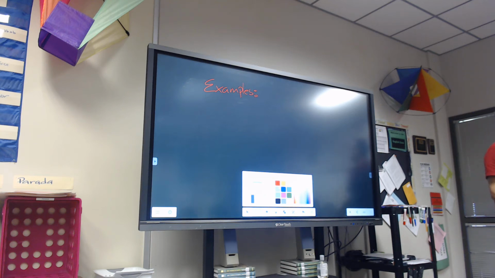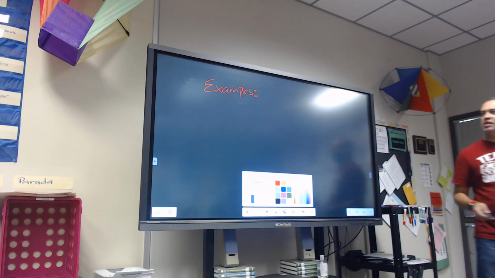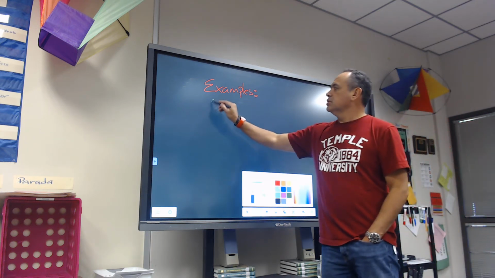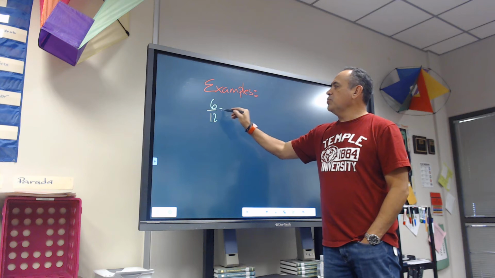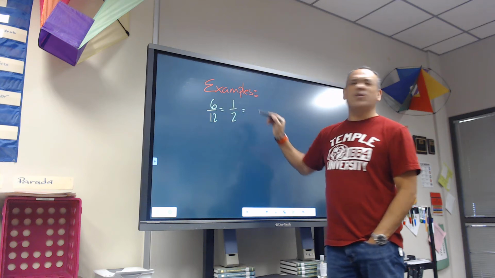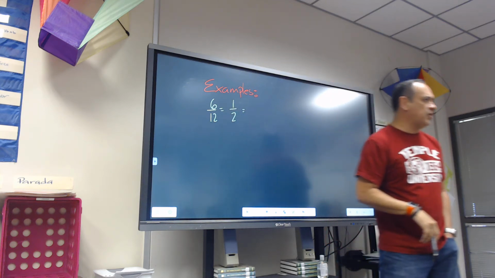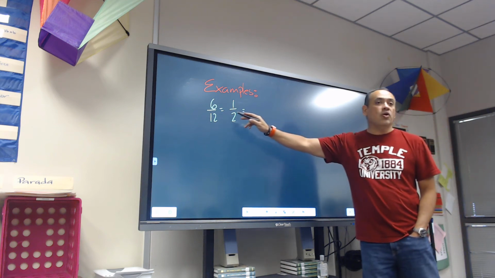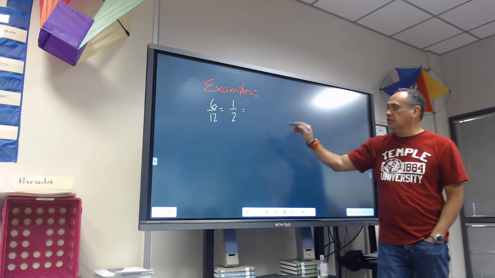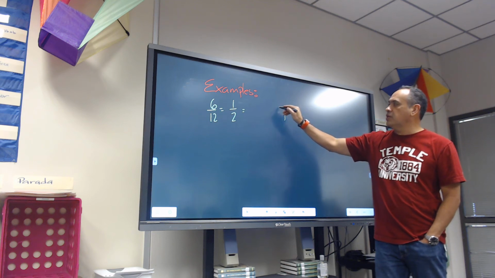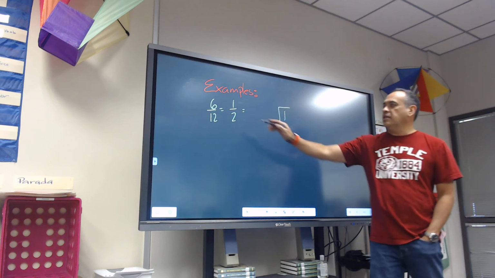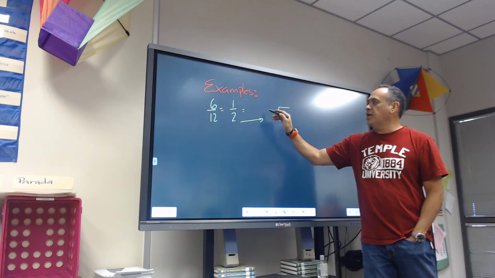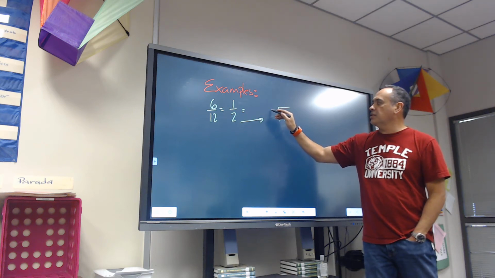6/12. That's kind of easy because we simplify it. It's going to be half, and we already know that it's going to be 50. But we're going to prove it to you. So we're going to divide the numerator. The numerator is going to go inside here, and the denominator is going to be outside.